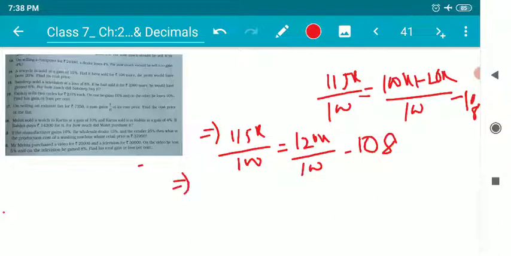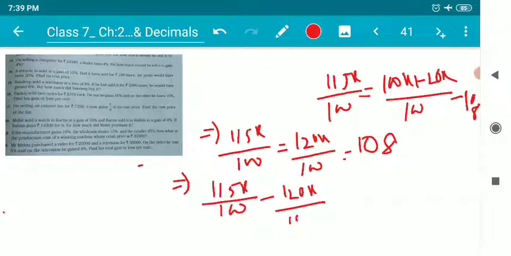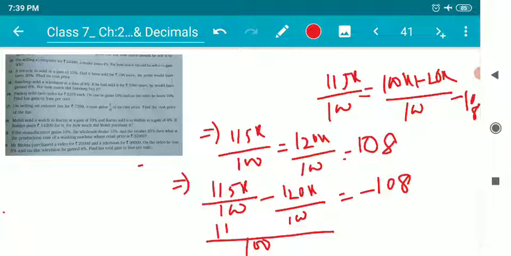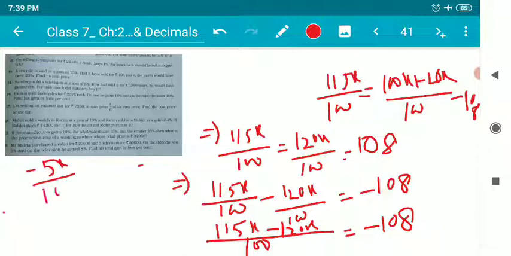Now children, bring it this side. 115x by 100 minus 120x by 100 equal to minus 108. The LCM will be 100 only. It will be 115x minus 120x equal to minus 108. Then 115 minus 120 is minus 5x by 100 is equal to minus 108.